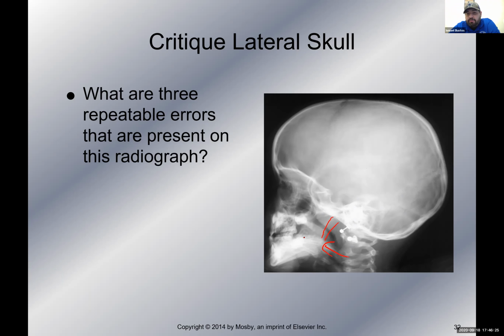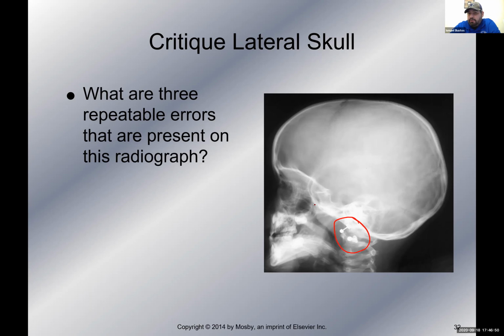There's some anterior posterior separation. See these 2 lines here? And what are those? Those are the greater wings of the sphenoid, okay? So because of that, we have some rotation. So we have rotation, we have no marker, and then the last thing you should have said, pretty obvious, artifacts. All right, we have some artifacts.